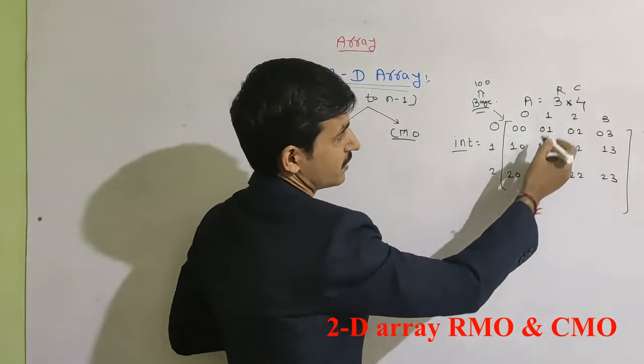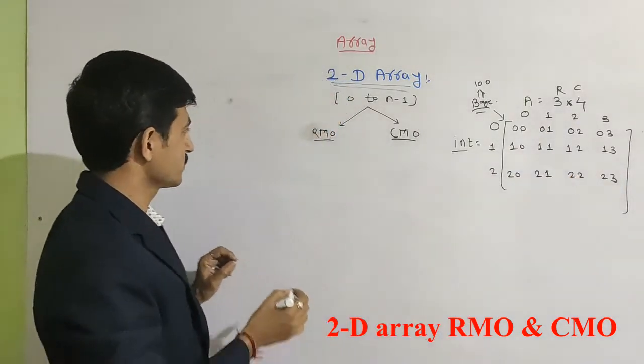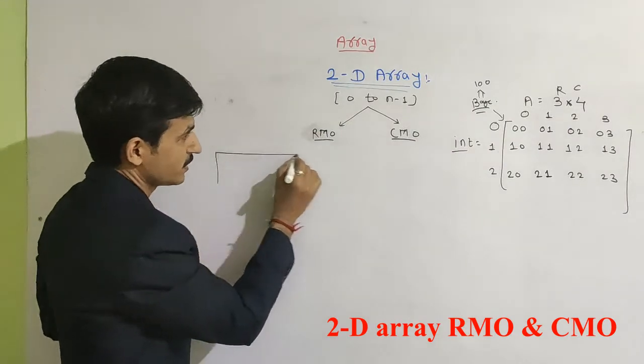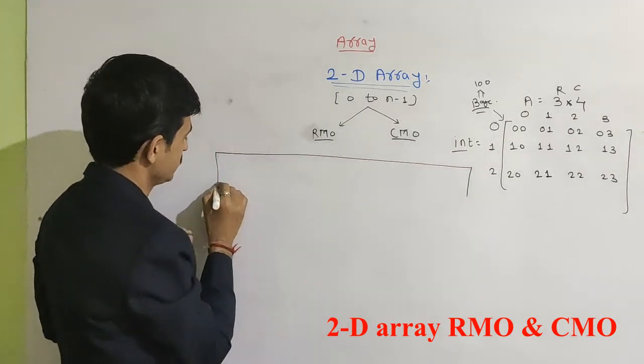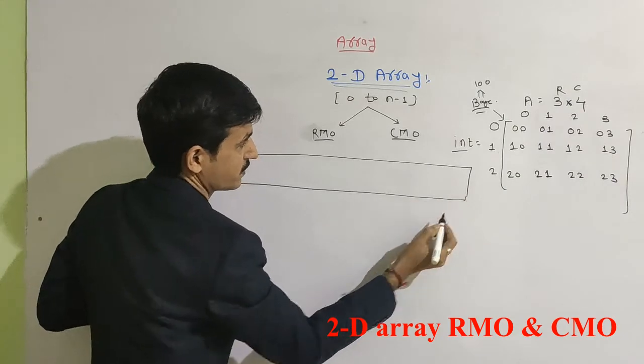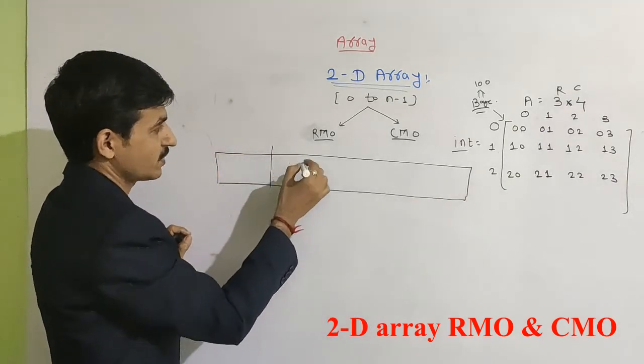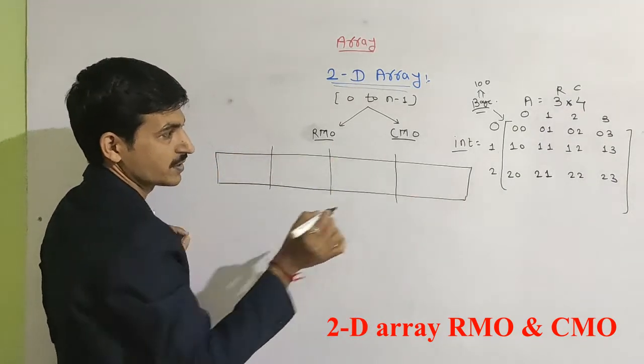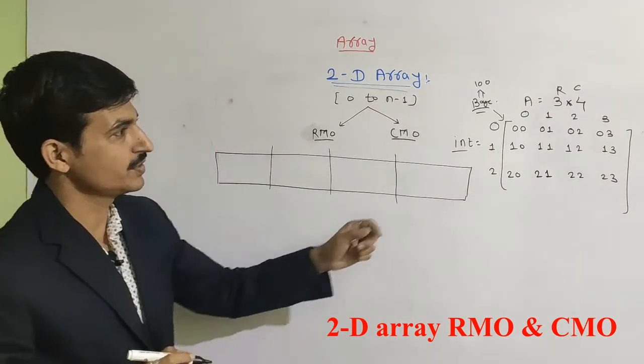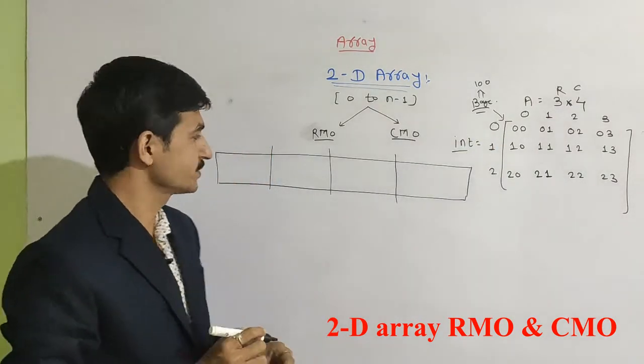So how many columns are there? 4 columns are there. So I write these elements column wise. This is my first column, second column, third column and the fourth column. Each column contains 3 elements.